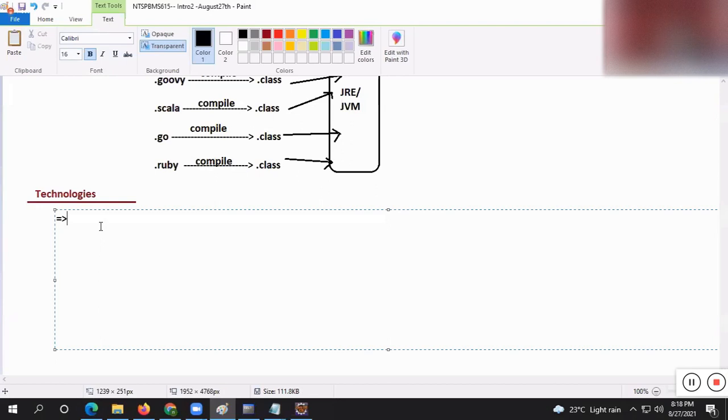Technologies are not installable. Technology-based implementing softwares are installable or arrangeable. Working with technology-based implementing softwares and using them is nothing but working with technology. Are you listening to my statement, guys?